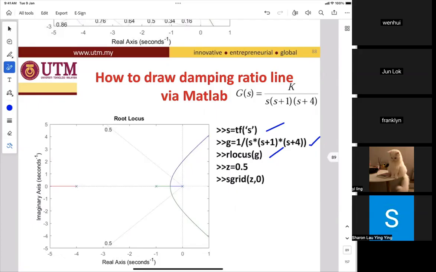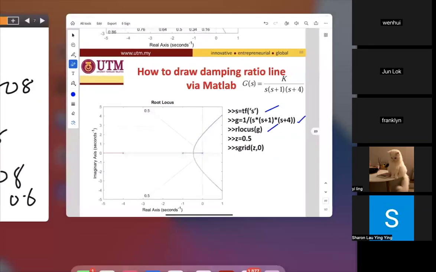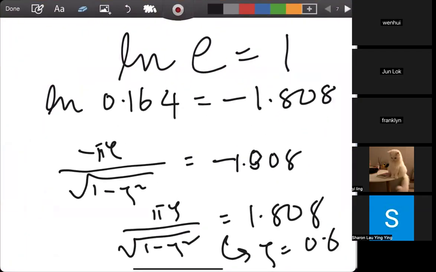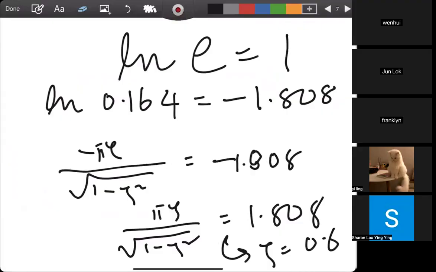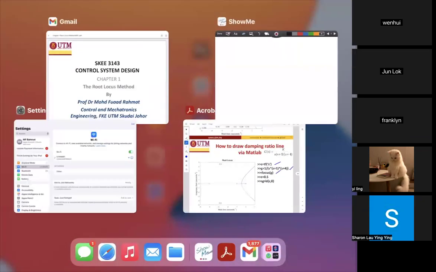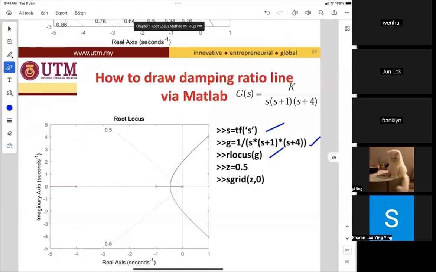Okay. So zeta 0.5. Just now I mentioned 0.6. Sorry, zeta, this one is wrong. 0.5. Sorry. So everybody is sleeping. Z equal to 0.5, then use this command sgrid.